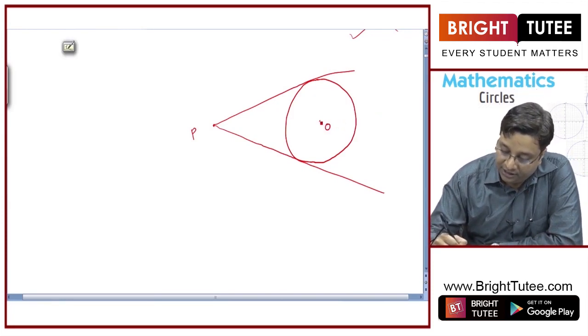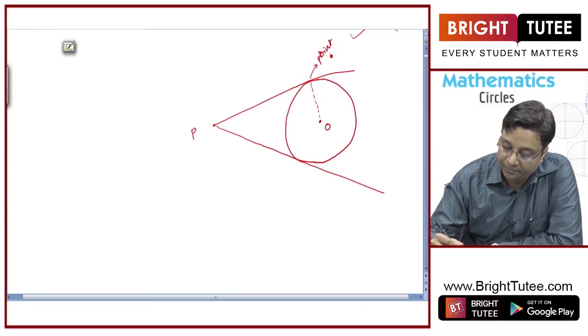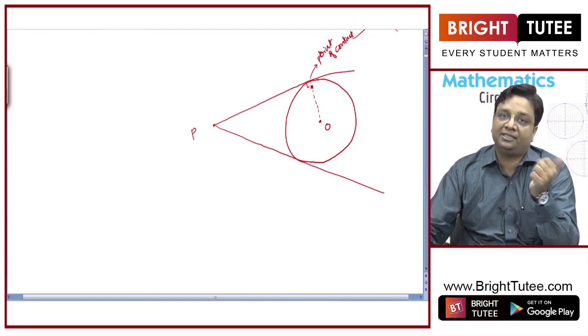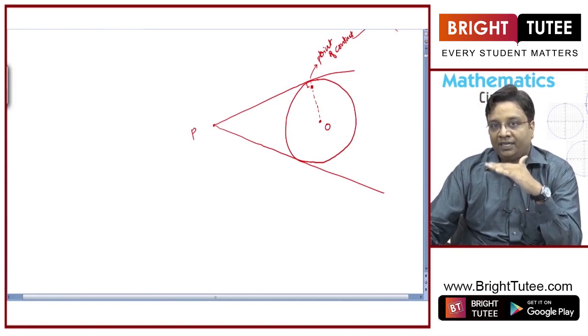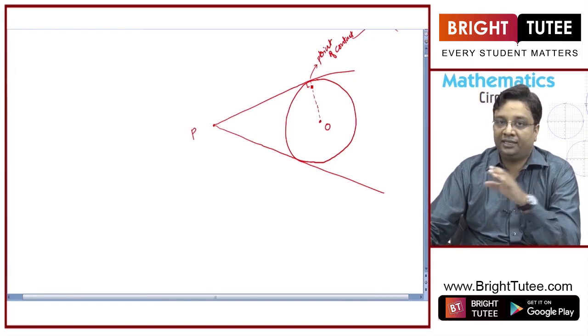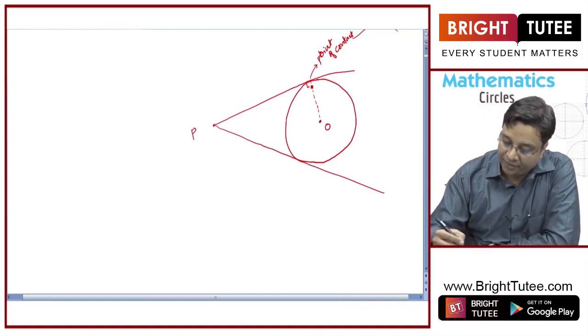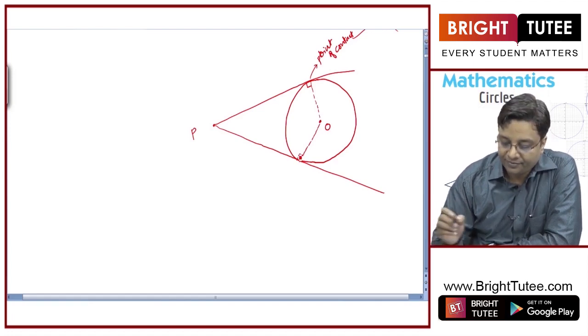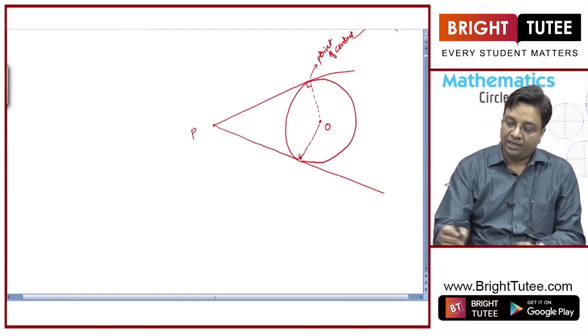Now if you join the center of the circle and this point of contact, where the tangent meets the circle, this angle will be 90 degrees, because from the previous exercise we know that the angle between the radius of the circle and the tangent at the point of contact is 90 degrees. So this angle will also be 90 degrees, right? This much we already know.